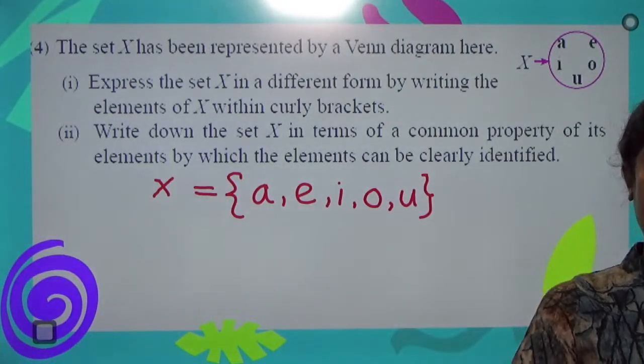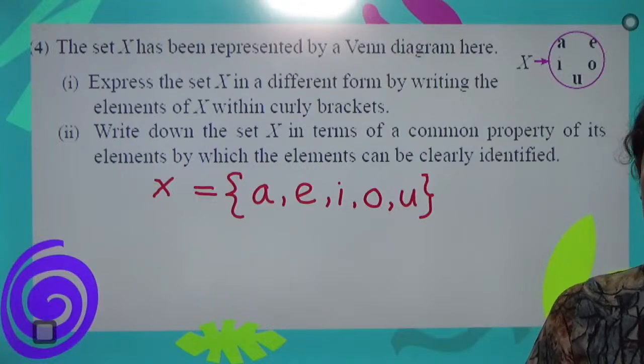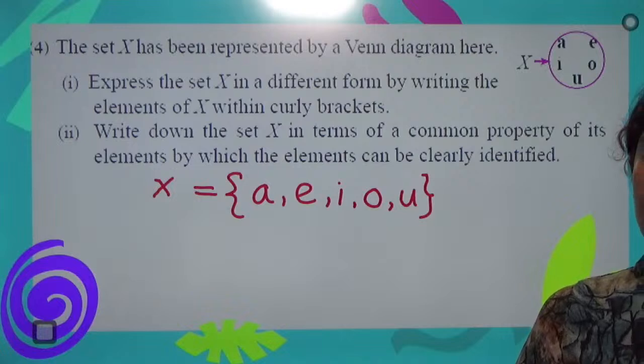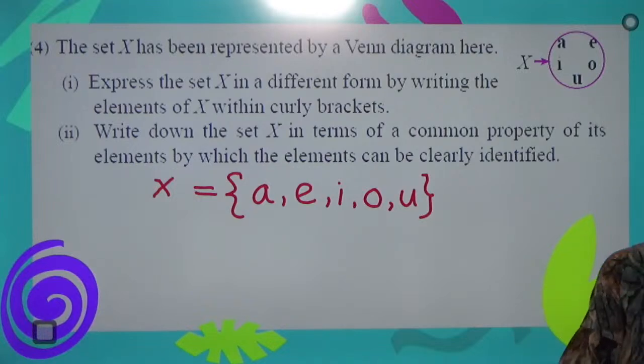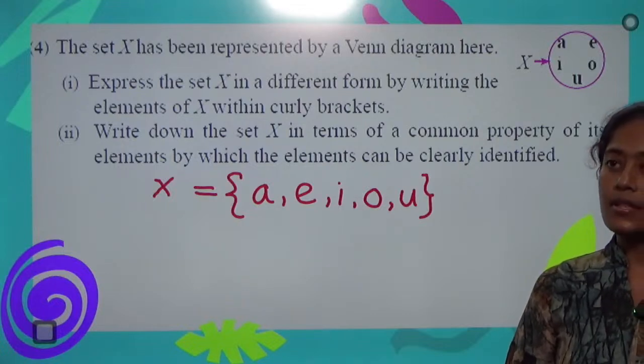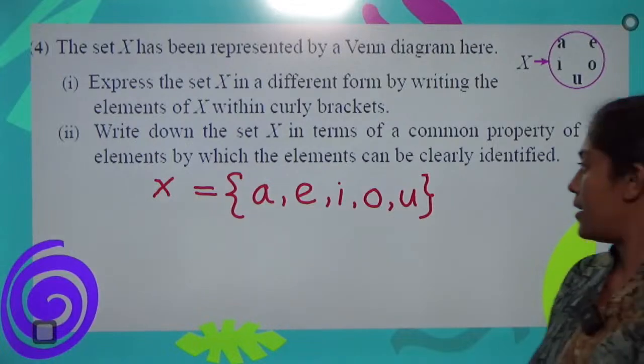Then second question. Write down the set X in terms of a common property of its elements by which the elements can be clearly identified. What you can write? Vowel letters. Yes, we can write vowel letters in English alphabet.